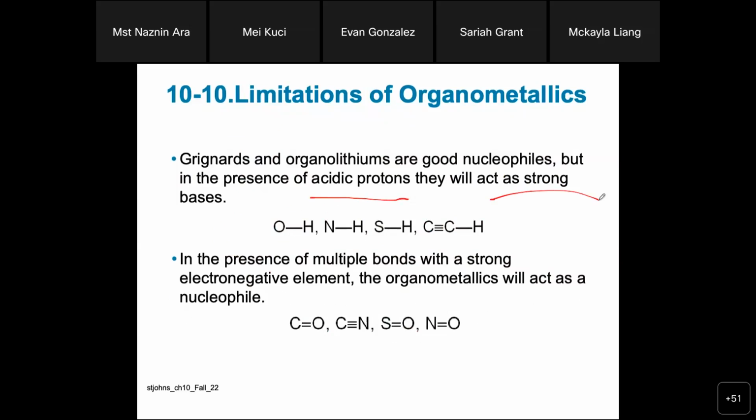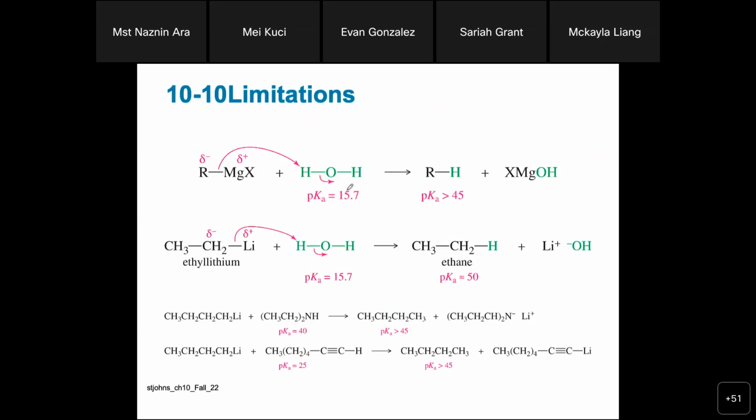When there are multiple bonds with a strongly electronegative atom, the organometallics will act as nucleophiles. However, sometimes they have the limitation that they work as a strong base in the presence of an acidic proton, and that sometimes interferes with their regular properties.